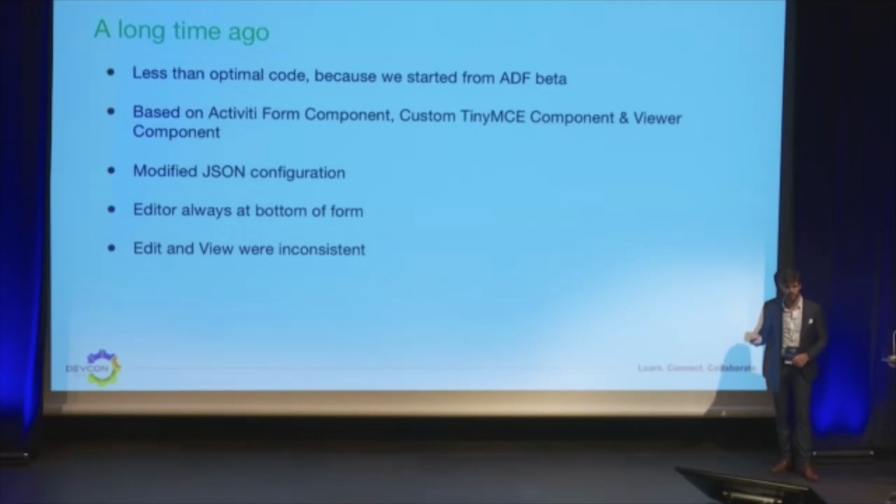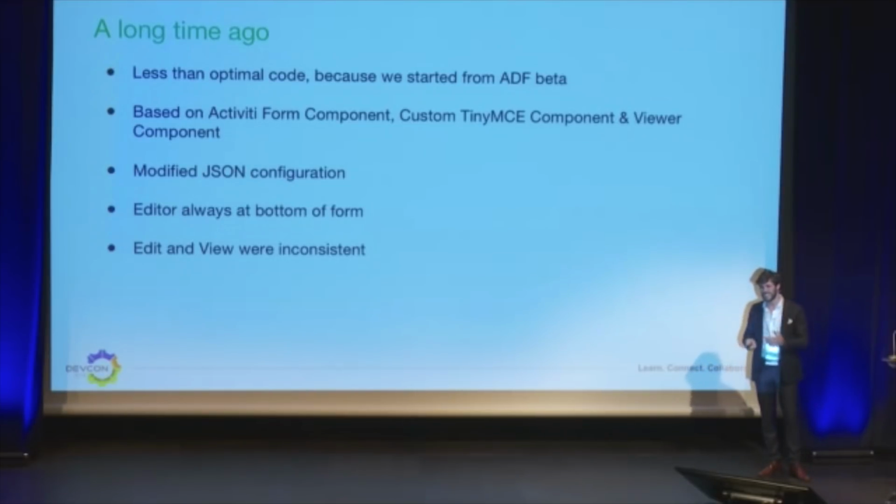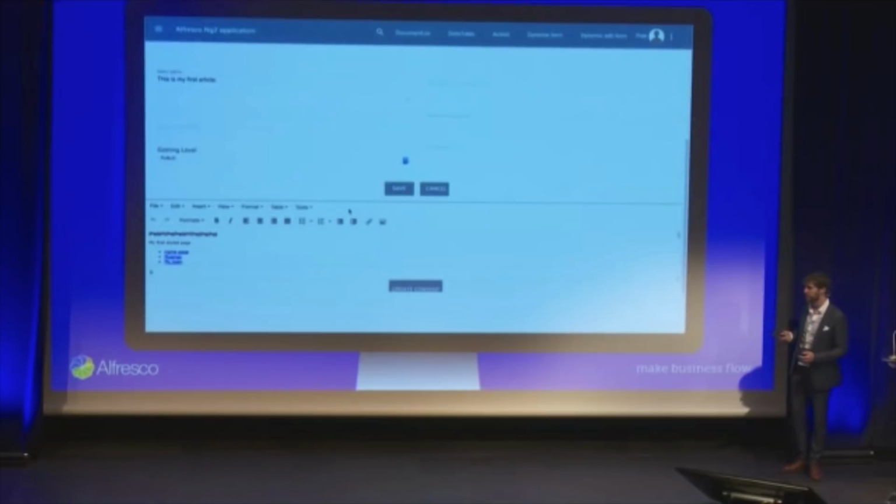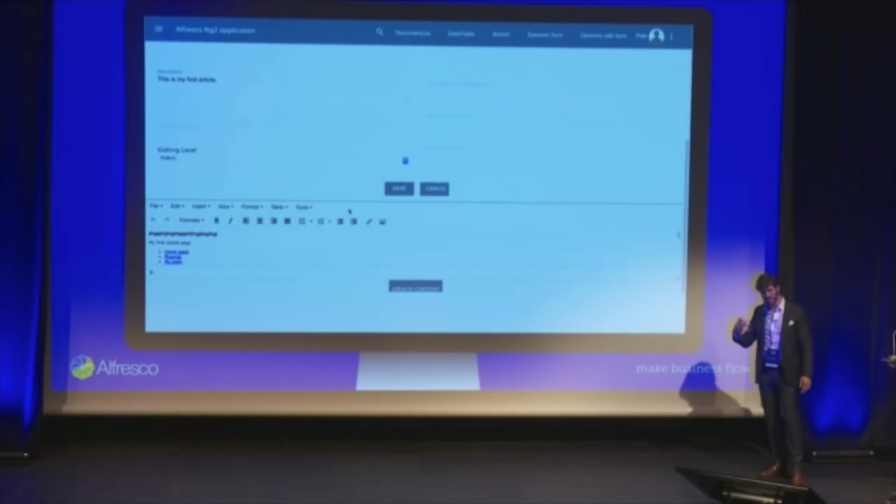And we used the viewer component separately to show PDFs, for example, right? So we modified some JSON to make this all work, the JSON configuration for the form component, but it was less than ideal. If you look at the user experience, of course, it was not a module that we released, it was just a proof of concept, just looking into ADF. But this was basically the result that we had at that moment in the talk that I gave at BeeCon. You had the form, and the editor was always on the bottom, which is less than optimal.